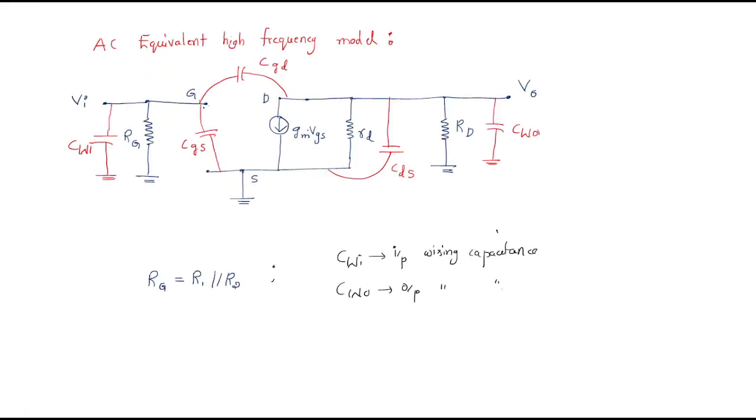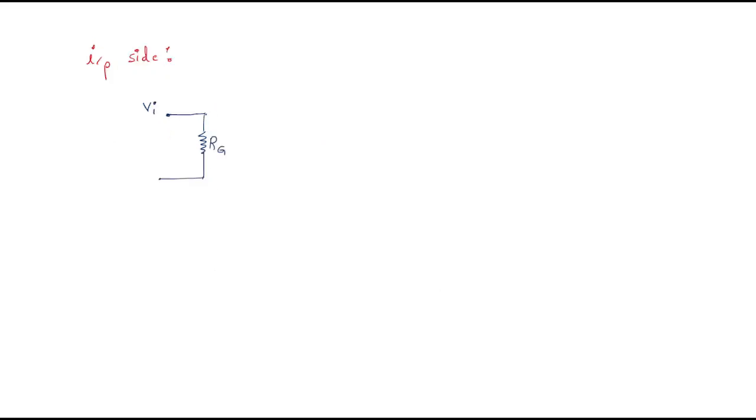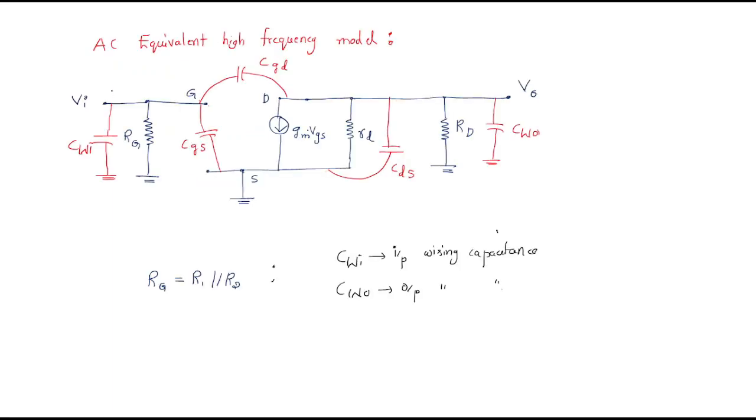How? Look here. The modification of the input side is like this: this is the input Vi with input resistance Rg. Next we have CGS between gate and source. Then the input capacitance CWI.